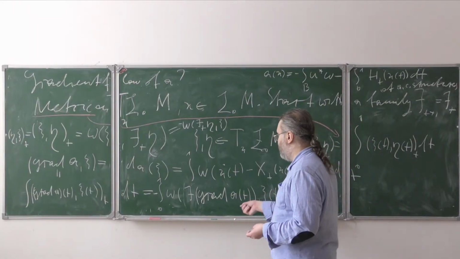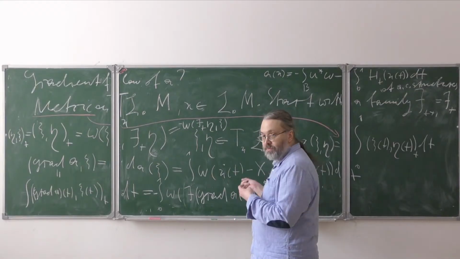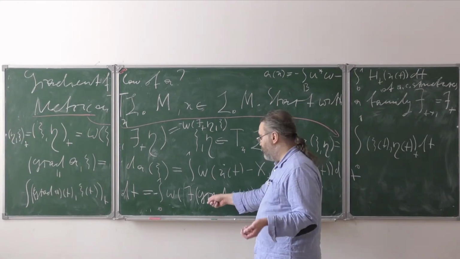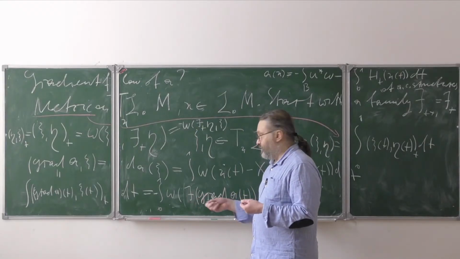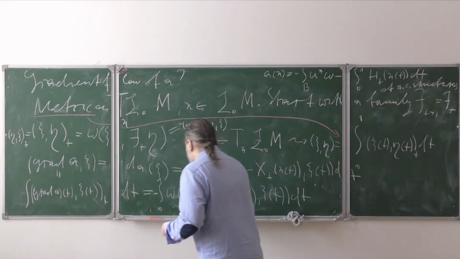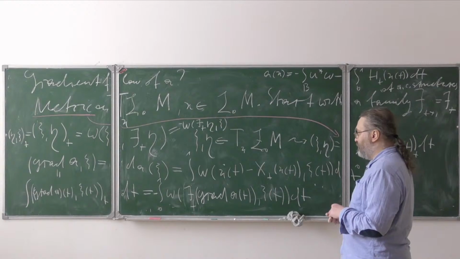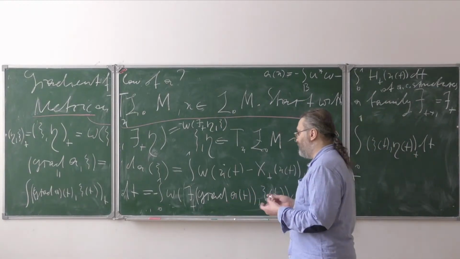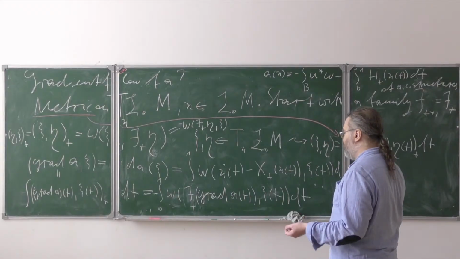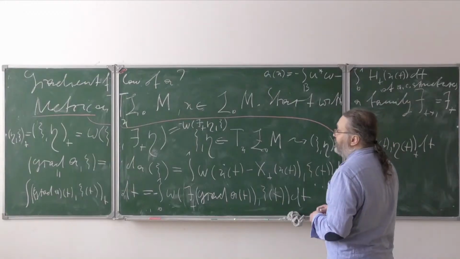Now we have on the one hand something that we know or sort of know. On the other hand, we have what we want to calculate, J_t. So we basically need to equate this and this, and then we get the gradient.